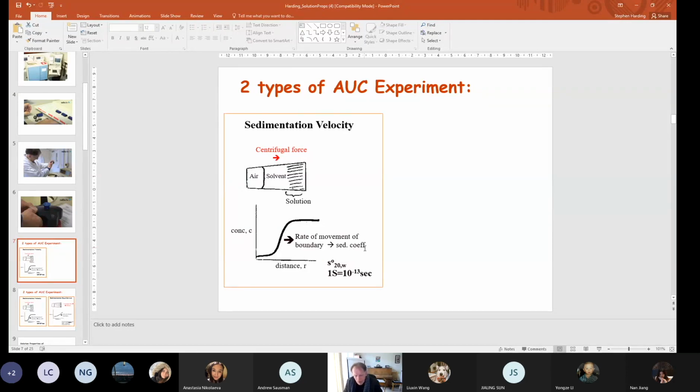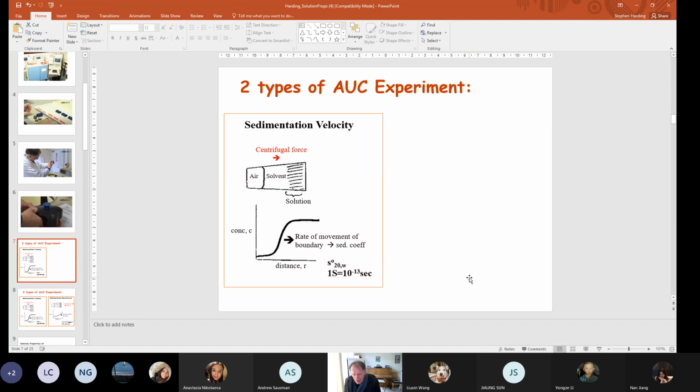The sedimentation coefficient is simply the sedimentation rate divided by the centrifugal field. The units are Svedbergs, and 1 Svedberg is 10 to the minus 13 seconds. You will have heard of this unit when describing, for example, the 70S and 30S ribosomes, where the S refers to the sedimentation coefficient in Svedberg units.